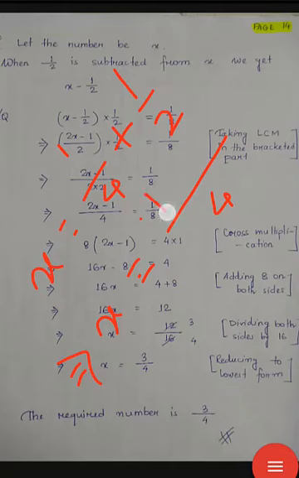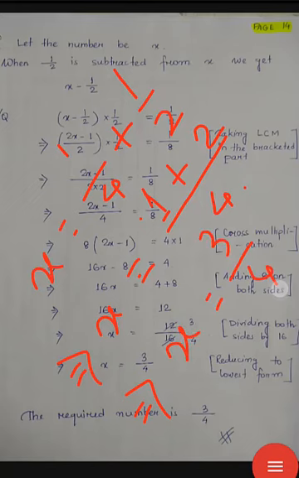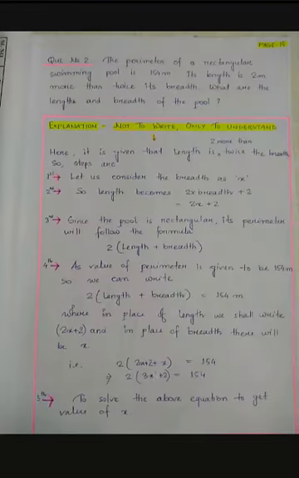So 1 one is 1, plus 2 twos are 4, 2 twos are 4, yes or no? So that 2 will be multiplied with 1. So this will be 2 ultimately. So x will be equal to 3 by 4. So this is the answer. So these are the two techniques of solving this problem.